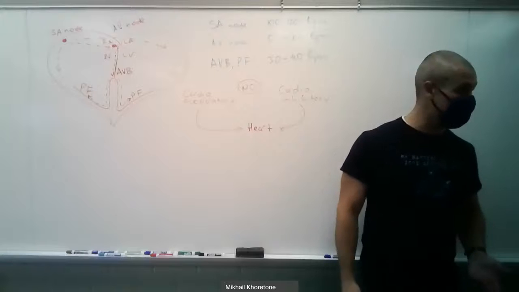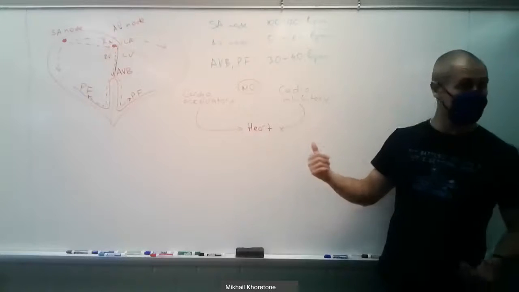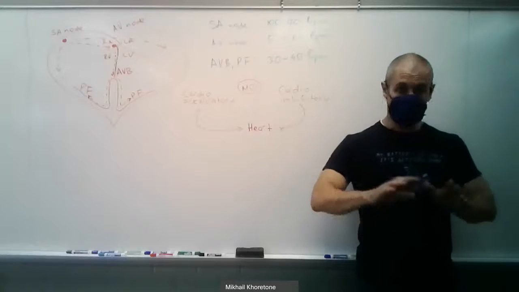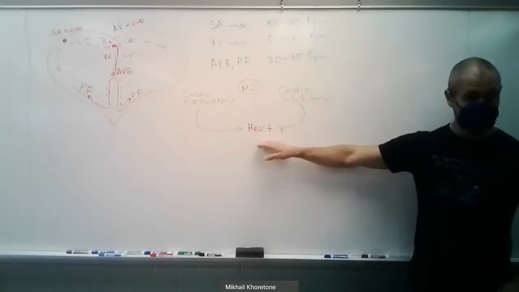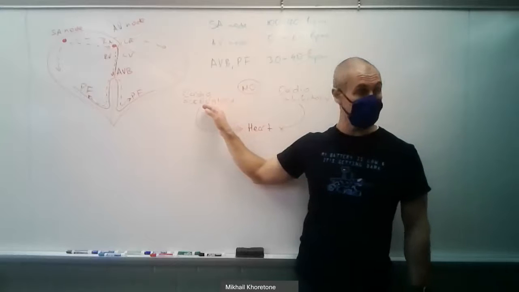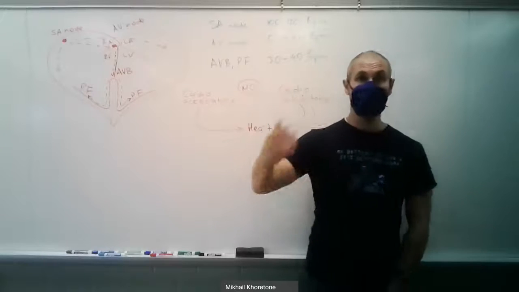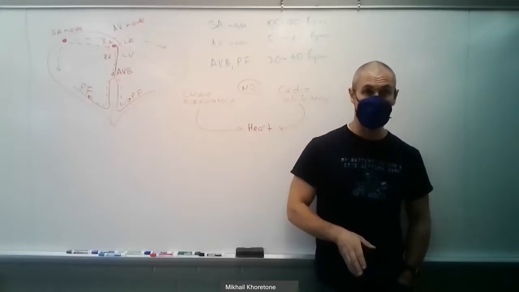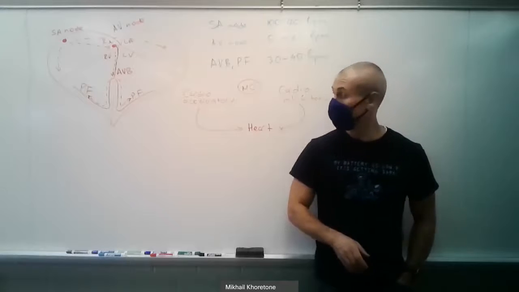When you start exercising, the parasympathetic stimulation naturally goes away. So the heart starts to beat faster. And then sympathetic stimulation kicks in and it beats faster and faster and faster. Does that make sense to you? Are we clear? Good, good.